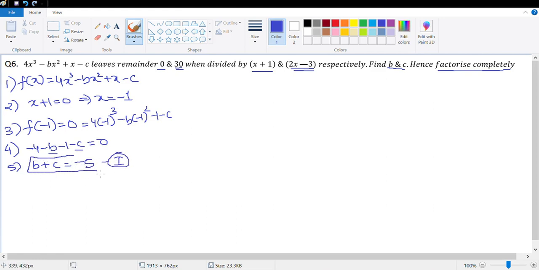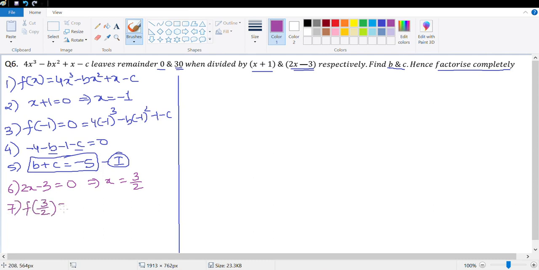Now let's try for the second one, where the remainder is 30. So the remainder is 30, which means 2x minus 3 is equal to 0, which means x is equal to 3 by 2. Since the remainder is 30, the value of the expression when x is equal to 3 by 2 is equal to 30. Let's put the value.